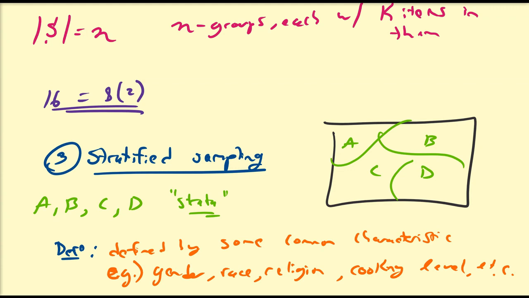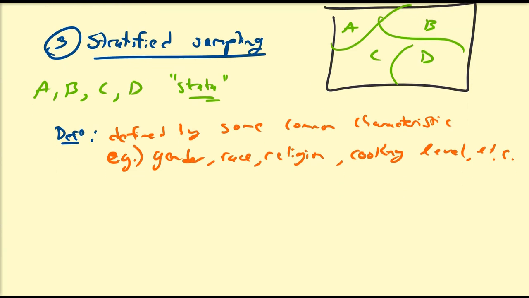So for example, we're going to select a sample from A, a sample from B, a sample from C, and a sample from D, and these samples need not be all the same exact size. And it's possible that these particular regions need not be disjoint.